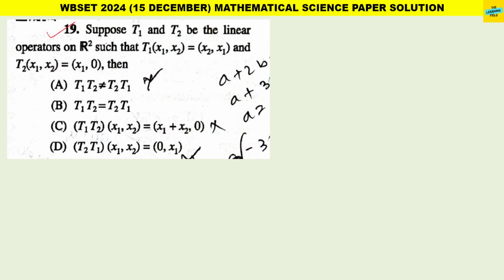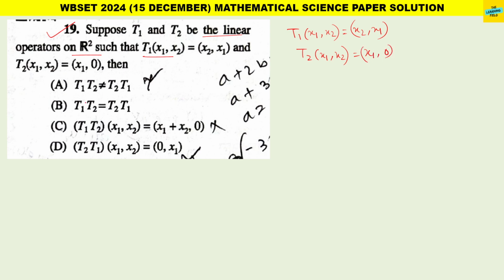This one says: suppose T1 and T2 are two linear operators on R2 such that T1 of x1, x2 is equal to x2, x1. Oh, sorry, T2 of x1, x2 is equal to x1 and 0.